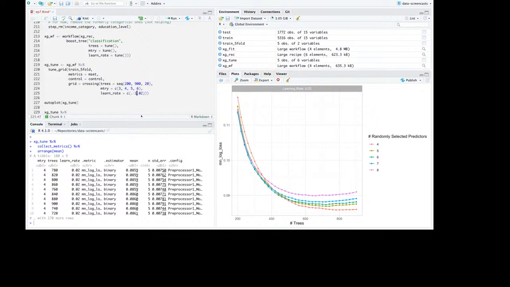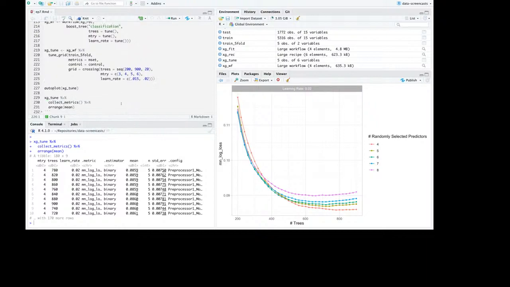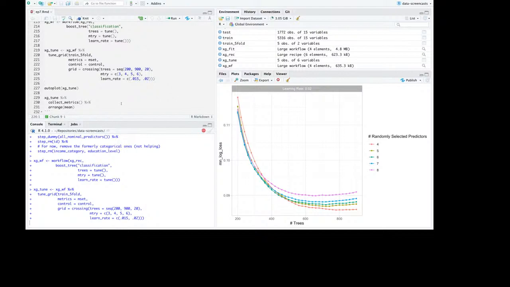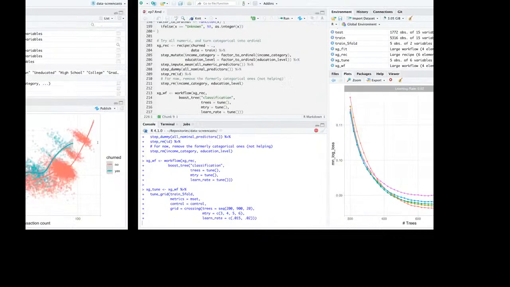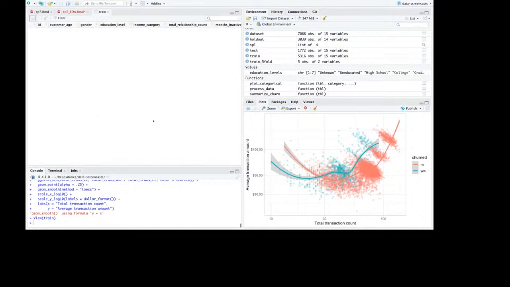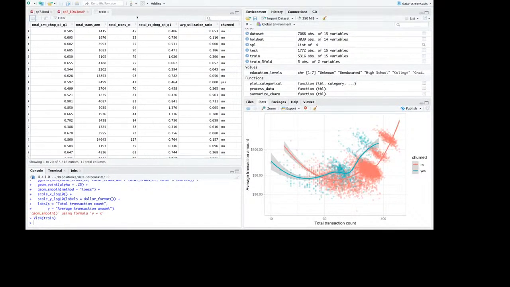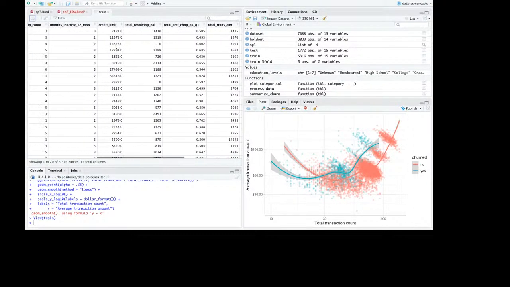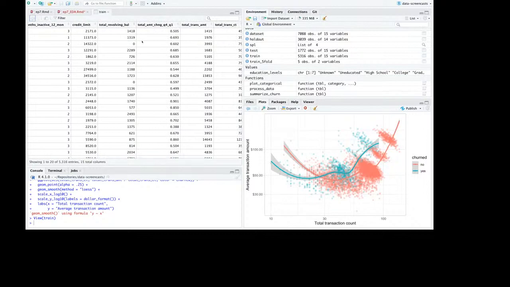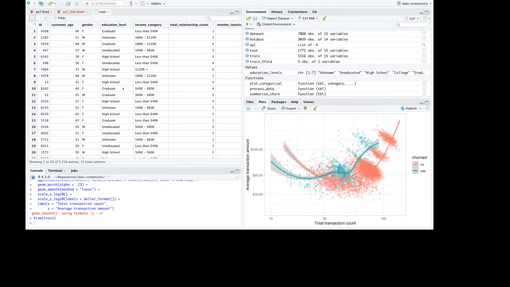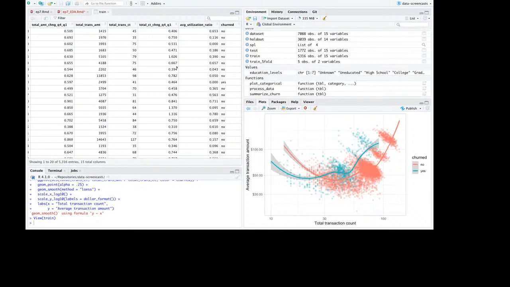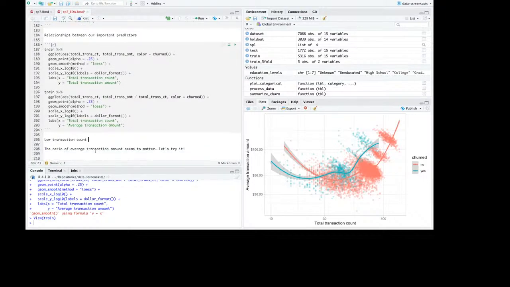Learn rate 0.015. It's kind of experimenting with this. Then I was going to throw it back in. I might want to add average transaction amount. That means changing multiple things at once: average transaction amount, average utilization rate, total amount change, total revolves. It's back to the 12 months total.